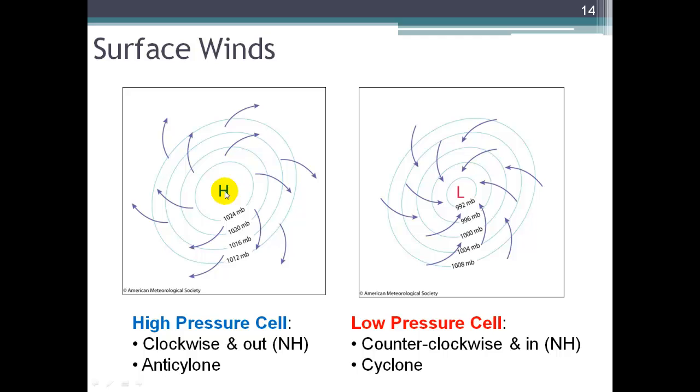Remember, with high pressure, higher up in the atmosphere, as we just saw, the wind flow in the northern hemisphere is clockwise. So clockwise around a high pressure cell. We call that an anticyclone. With a high pressure, we have the highest pressure values towards the center of the cell, and they decrease as we move out.